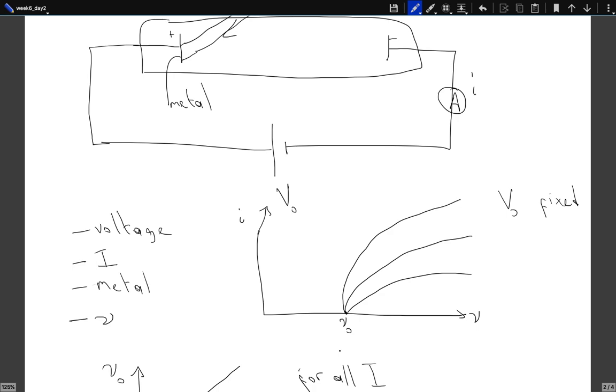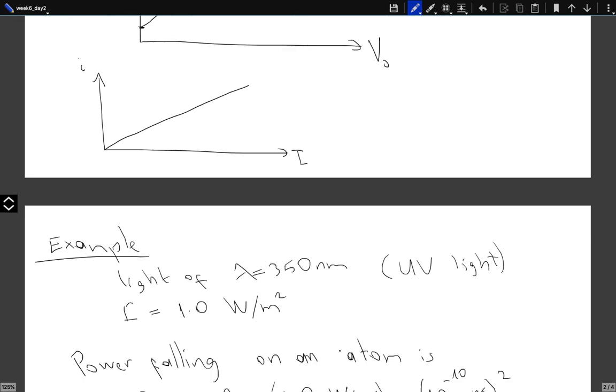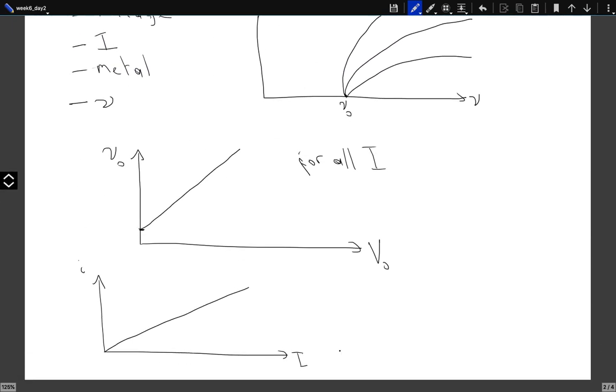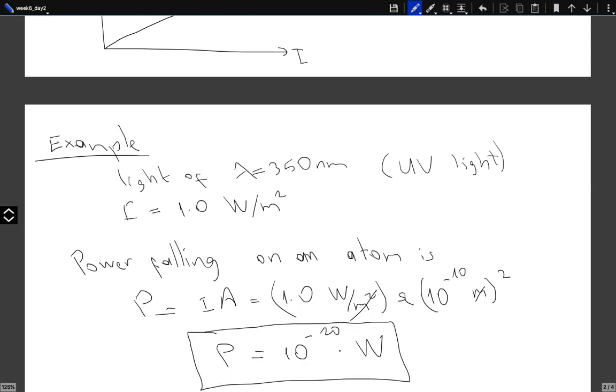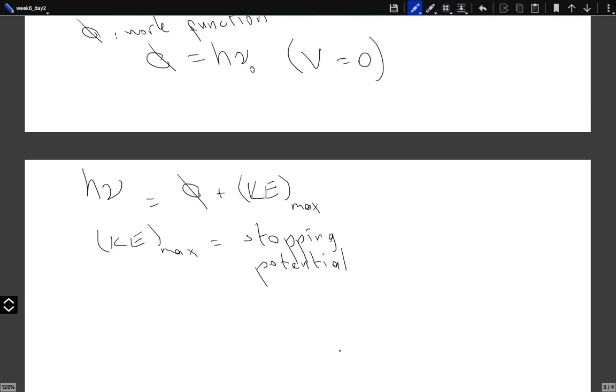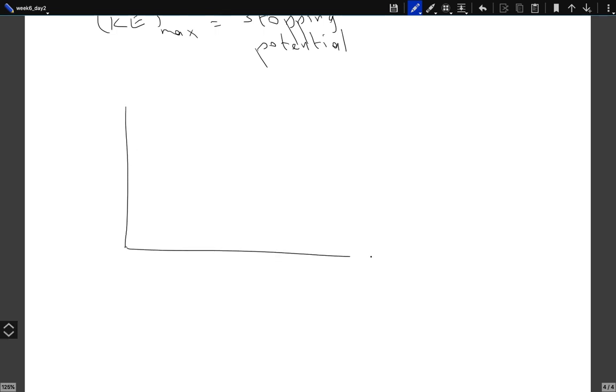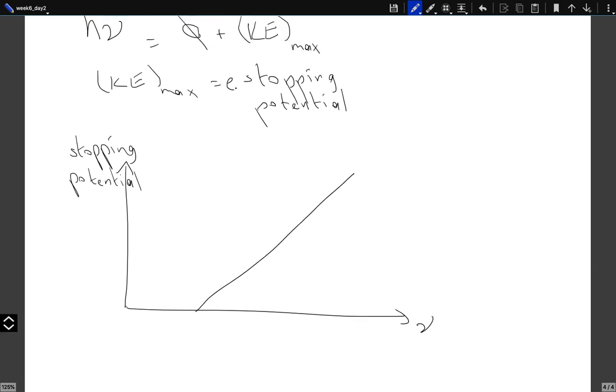But instead of plotting I as a function of nu, well, what I call V0 is the maximum kinetic energy. If you plot the stopping potential as a function of nu, it will be linear. This is e times the stopping potential.